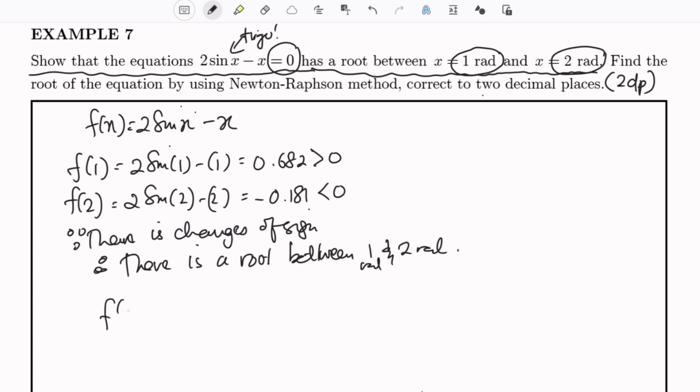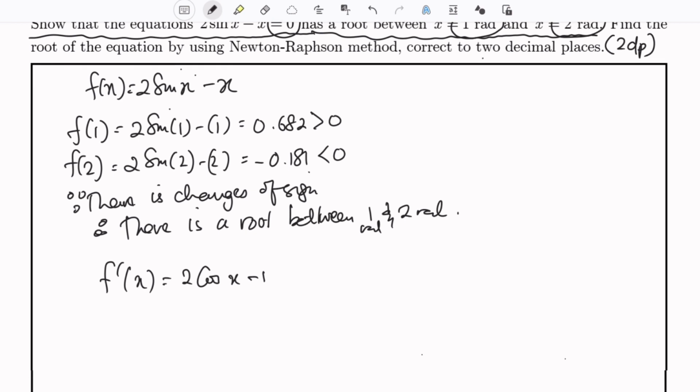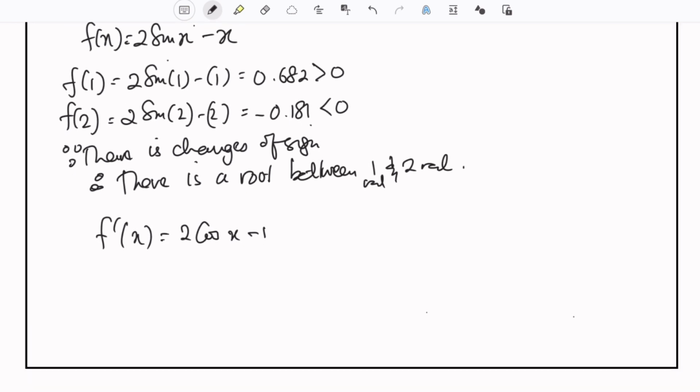Next will be Newton-Raphson. Find your f prime of x. That will be 2 cos x minus 1. Choose your x0. So x0 will be 1 plus 2 divided by 2, so that will be 1.5 radian. So we're going to use x1.